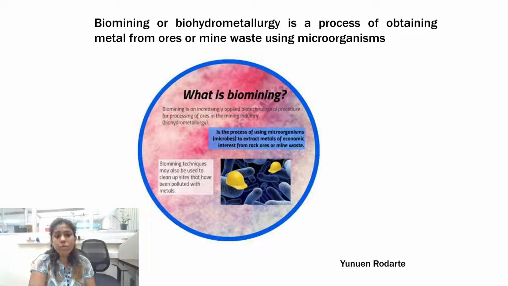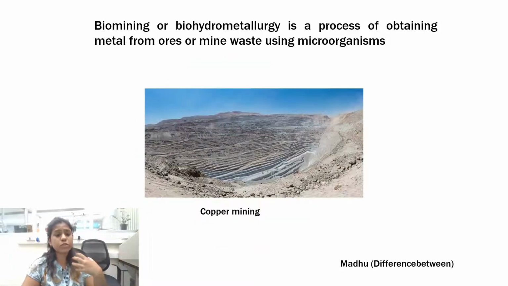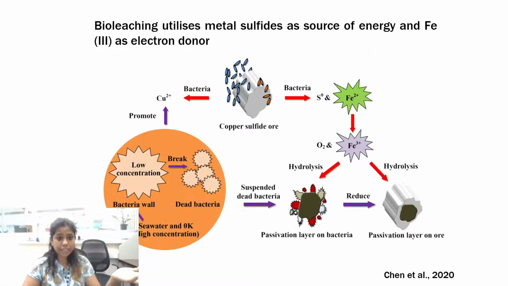Biomining or biohydrometallurgy is a process where we use microorganisms to extract metal from ore. This is a continuation of what we saw in some of the previous sessions, where we looked at how metals can be broken down by microorganisms. Biomining is one such process, and it is used in copper mining and many other metal mining cases.